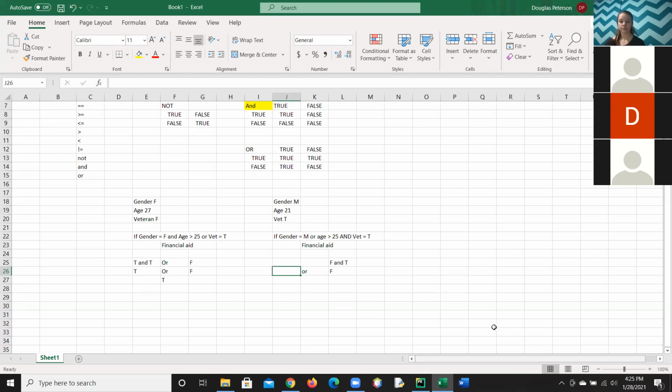True. True, right? So now we've got a true or a false, and so that gives us true. Okay. So you got to be careful on that one because the and is over here, so it's done before the or over here. If this would have been a female, they wouldn't, let's see. Yeah, if this was a female up here, they would not have gotten financial aid. Okay. So just be careful.